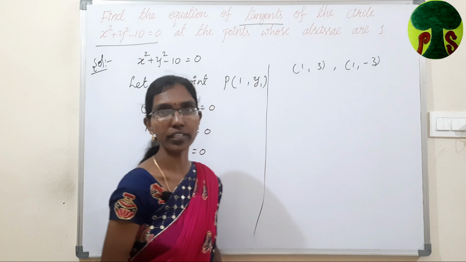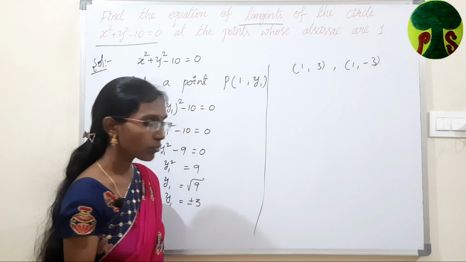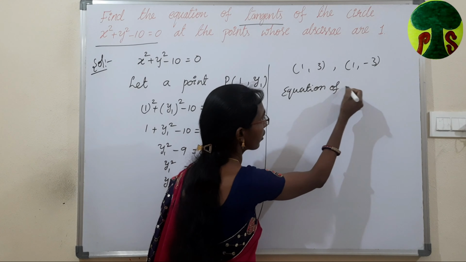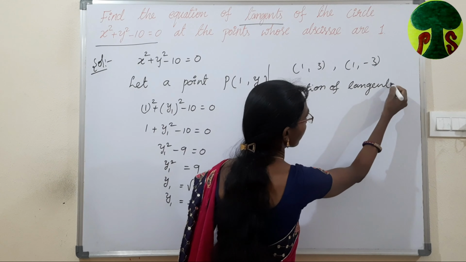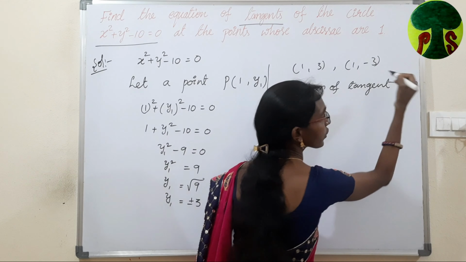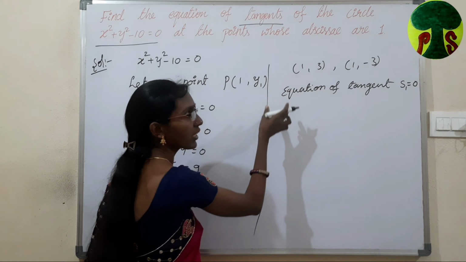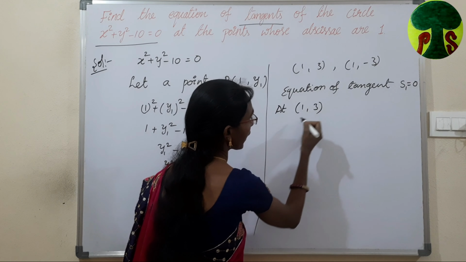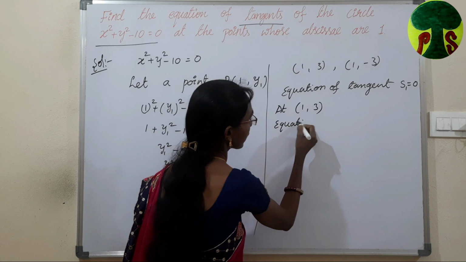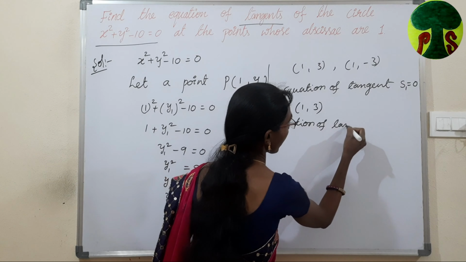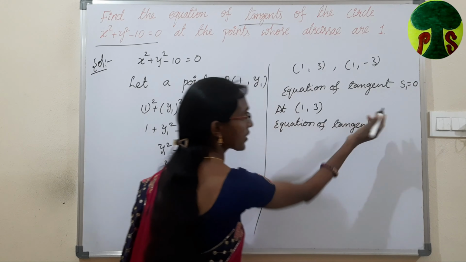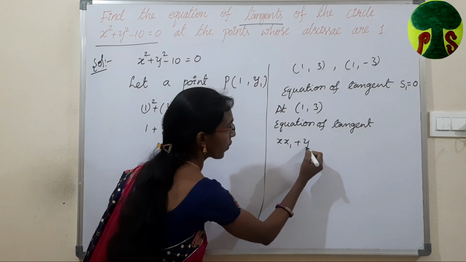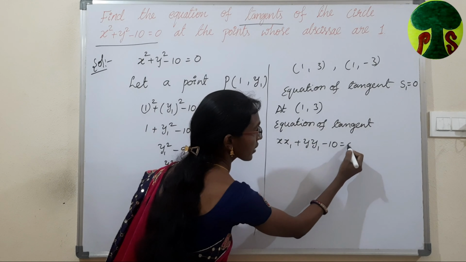What is the formula to find the equation of the tangent? That is nothing but S1 equals 0. At point (1, 3) we are going to find the equation of the tangent. Equation of tangent at (1, 3): S1 equals 0, which is nothing but x x1 plus y y1 minus 10 equals 0.